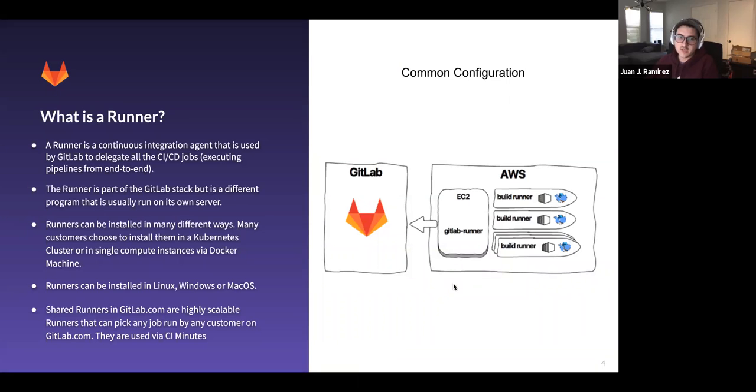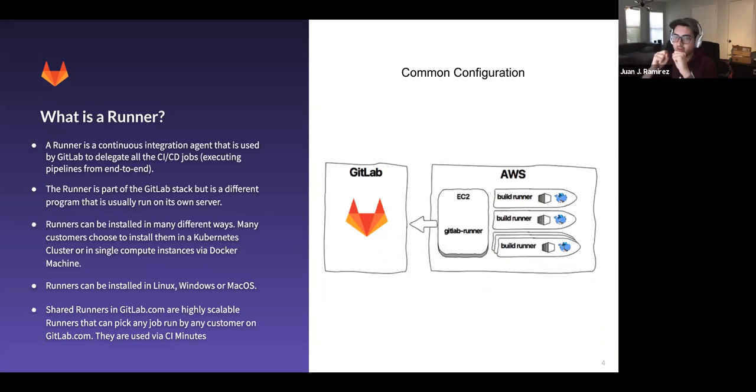And what the runners are is, the runner is an agent that basically takes the jobs that are being created by GitLab, and GitLab will delegate those jobs to the runner, and the runner will build and do all the executions that are happening in the context of that CI configuration. So this is a very important difference, right? GitLab is one thing, GitLab Runner is another thing.